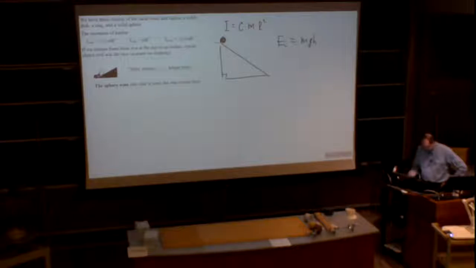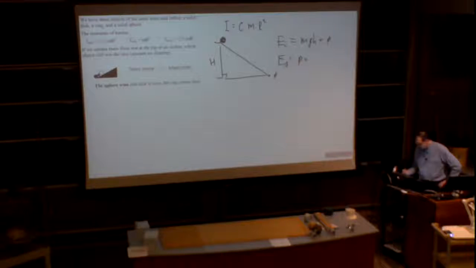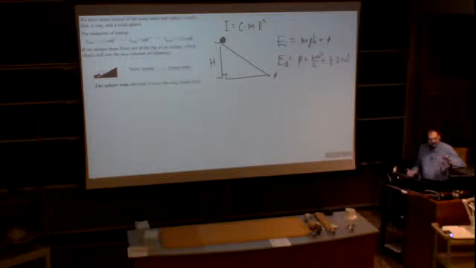We just use the height of the ramp. And of course, the zero level is chosen at the bottom of the ramp. And there is no kinetic energy because it starts moving from rest. And the final energy will be equal to, well, now there is no potential energy, but because it's rolling, we should add kinetic energy due to translational motion of the center of mass and rotational kinetic energy due to rotational motion about the center of mass.